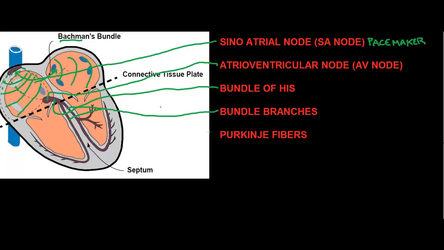In truth, everything below the AV node is Purkinje fiber. They all look the same, and the thing about the Purkinje fiber system is that it conducts electricity very, very fast. It's often referred to as the Autobahn because it conducts electricity so quickly.